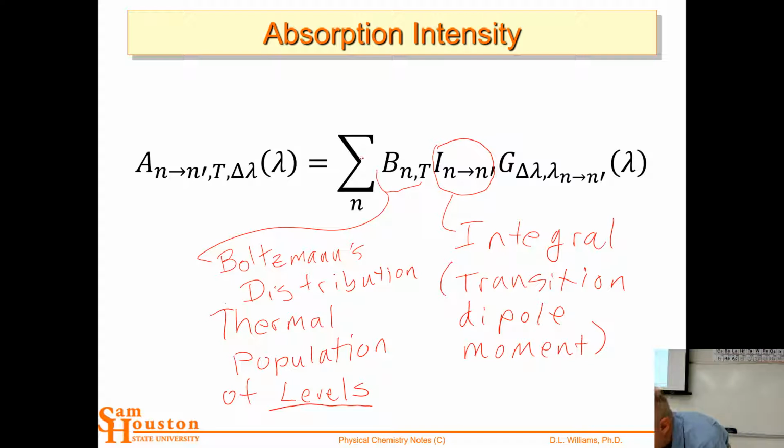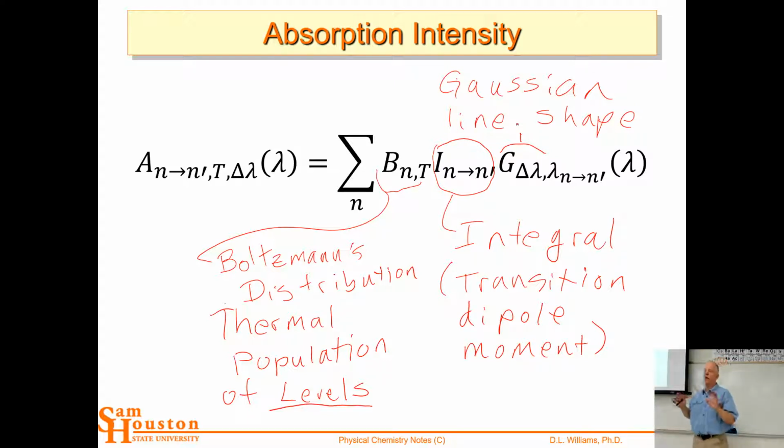And then G, you can just think of Gaussian line shape. Not all your spectra have Gaussian line shapes, but the ones that we deal with in this class will be a Gaussian line shape.